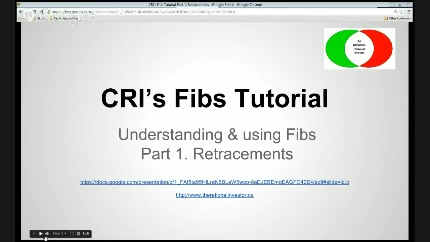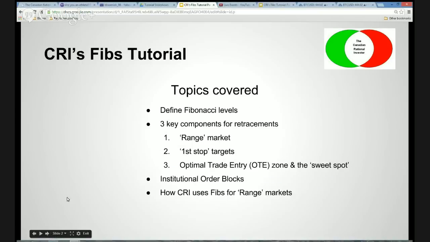So moving right along. What are we going to cover today? Obviously, as the Fibs tutorial, first, we're going to define what Fibonacci levels are, and maybe take a moment or two and talk about Mr. Fibonacci himself. We're going to look at the three key components for retracements.